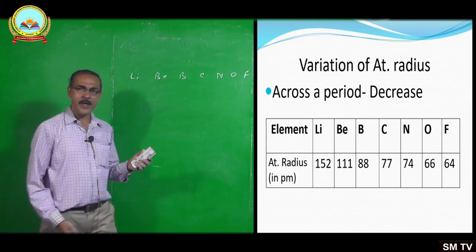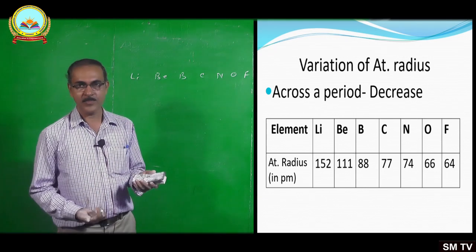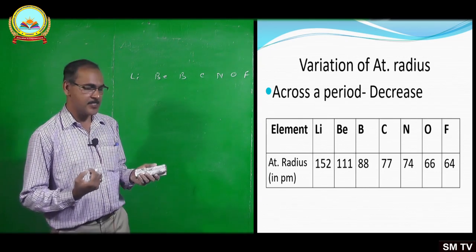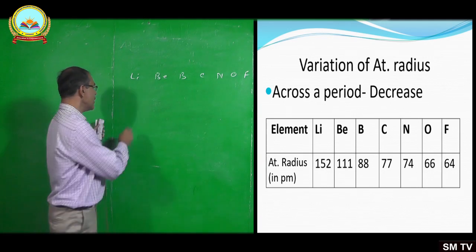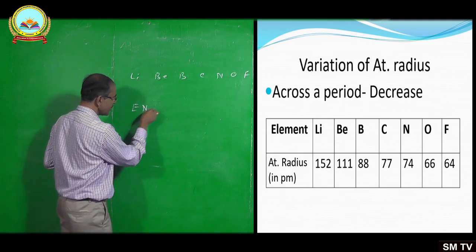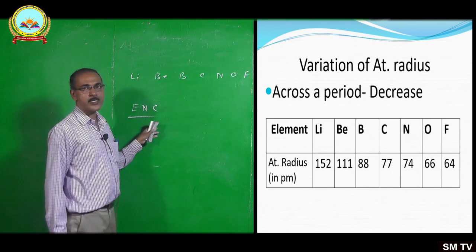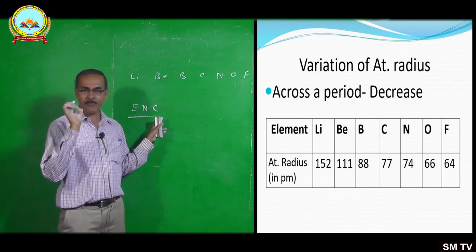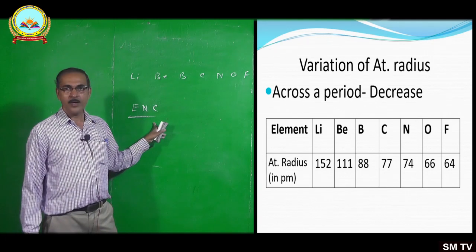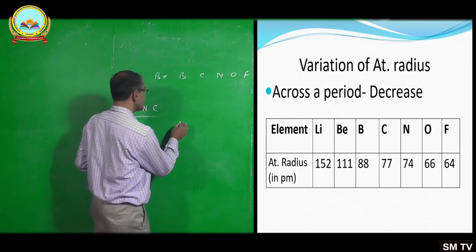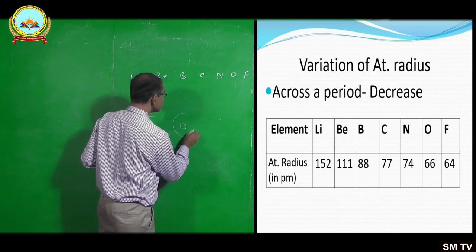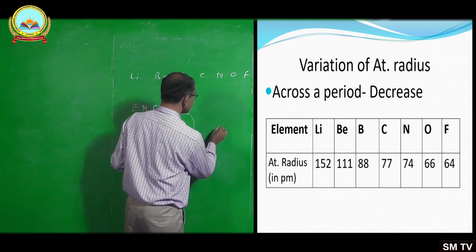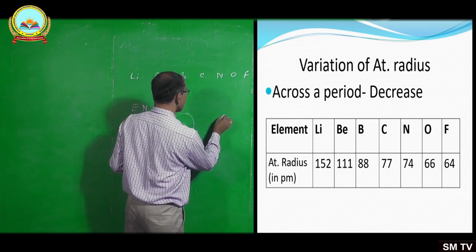Now, atomic radius depends on what? On what factor does it depend? One thing is, the atomic radius depends on the effective nuclear charge, or the nuclear charge. If you have only one shell, consider this is the nucleus and this is the shell, and you take another atom.